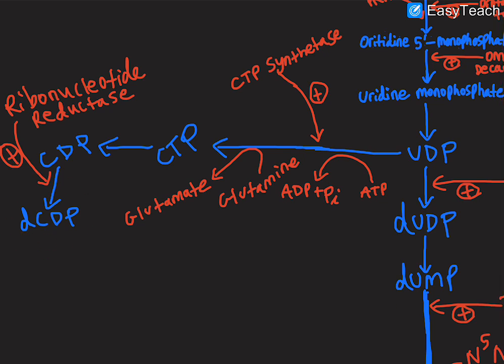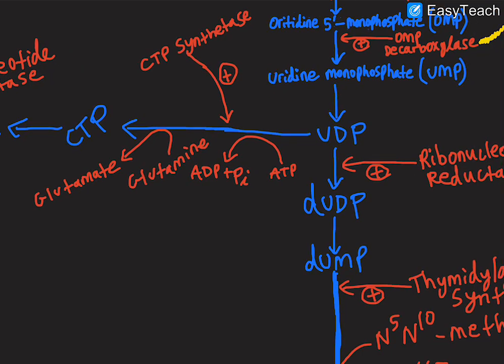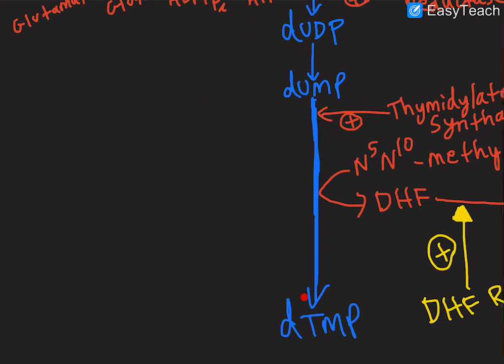This can get converted to deoxycytidine monophosphate, and that makes our three main pyrimidines. We have our cytidine, our uridine right here, and our thymidine all the way down here. Those are the three pyrimidines that we just made.